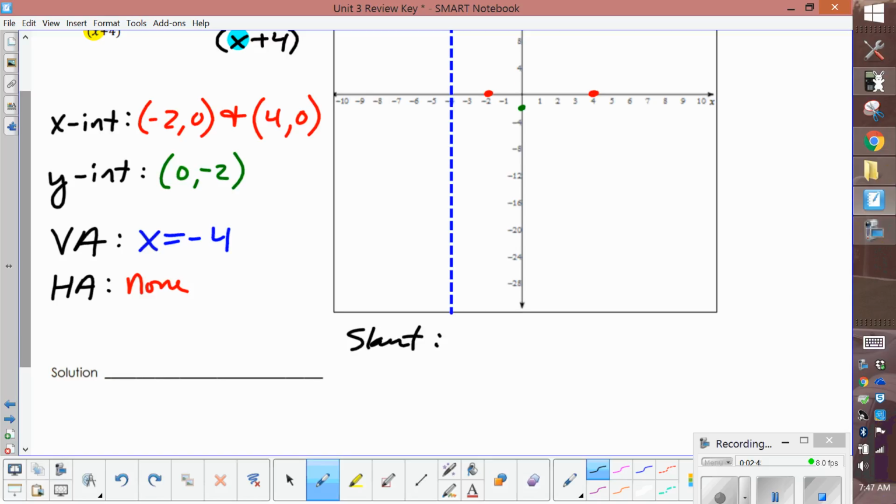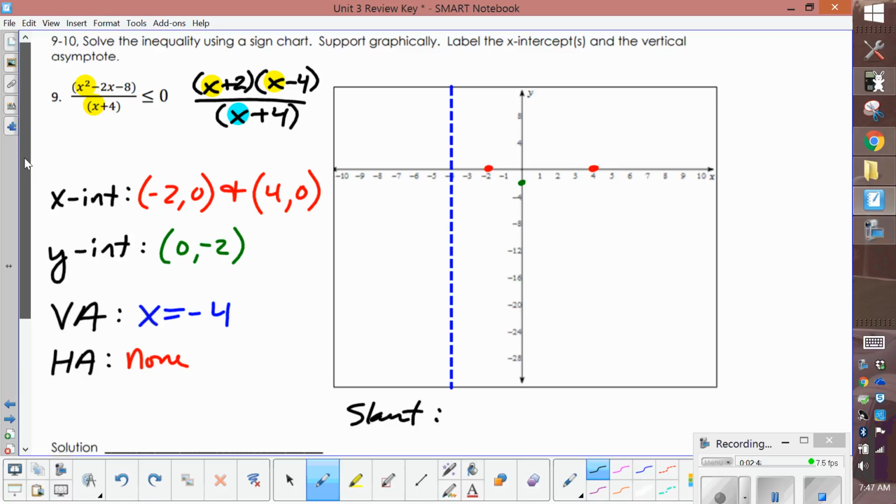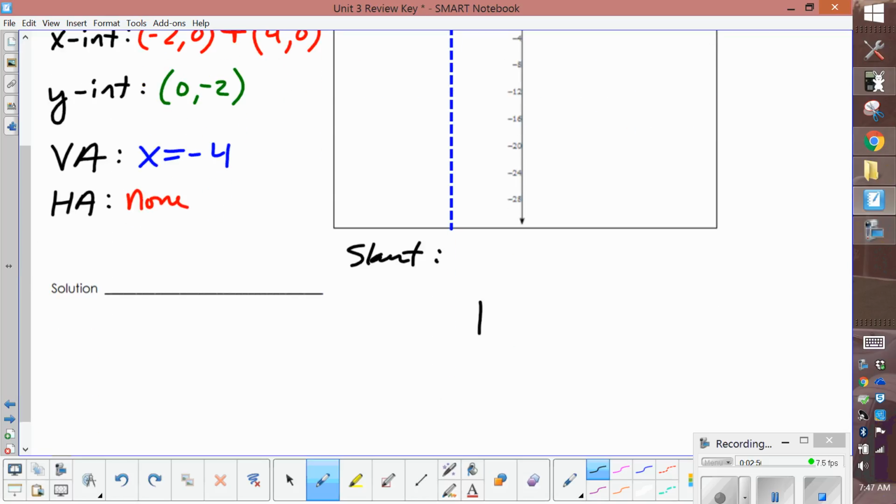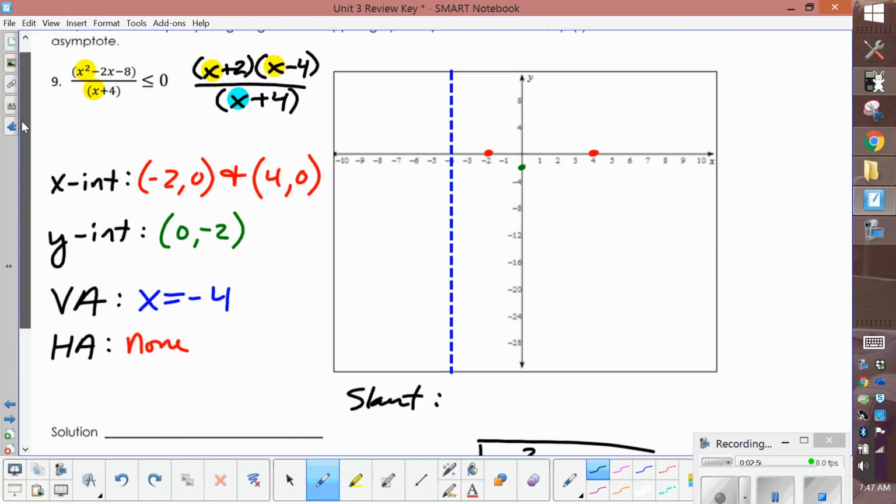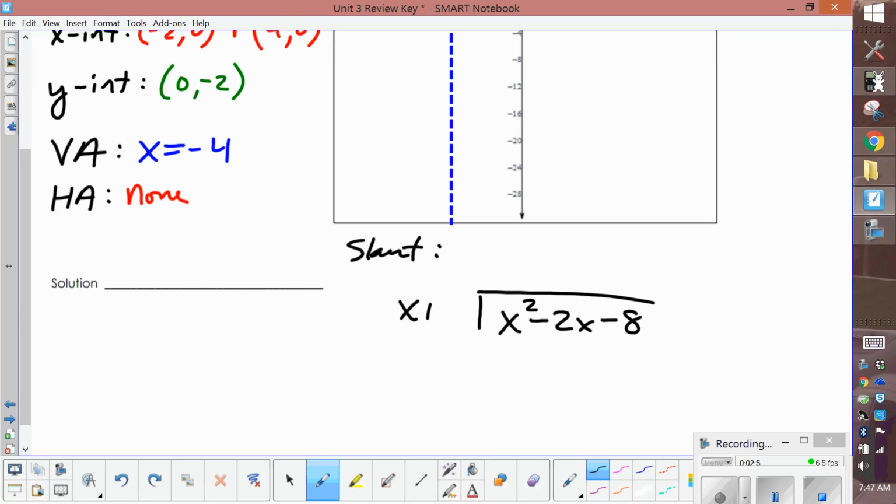We'll do that over here: x squared minus 2x minus 8. We're going to do some polynomial long division, dividing that by x plus 4. My goal is to get this leading variable to equal this leading variable.